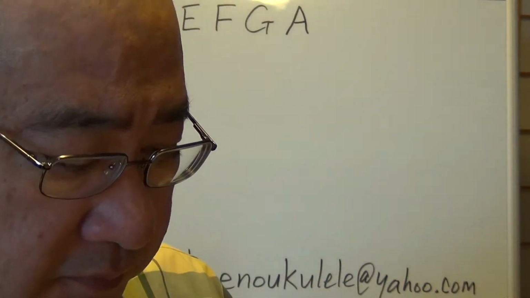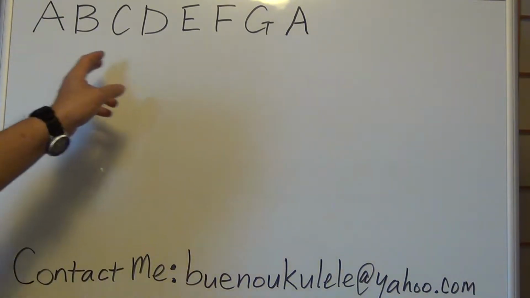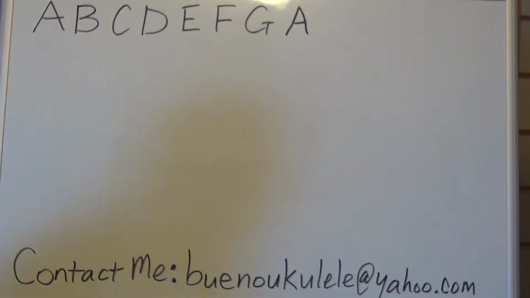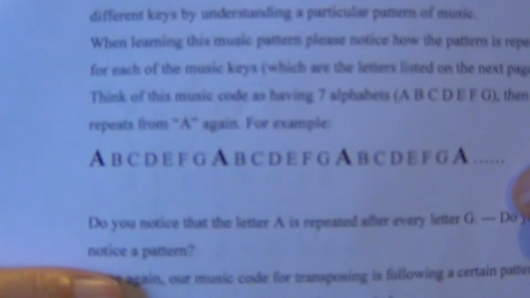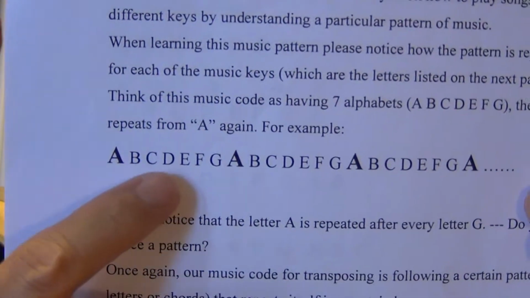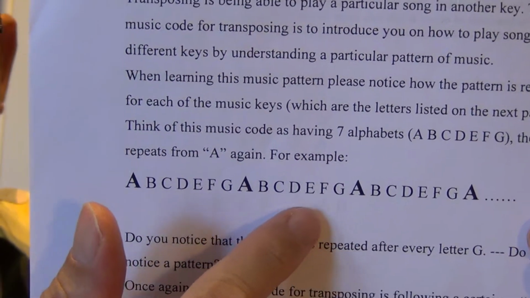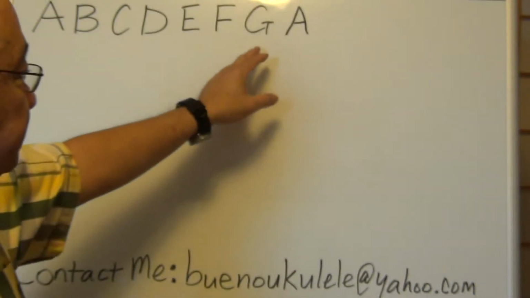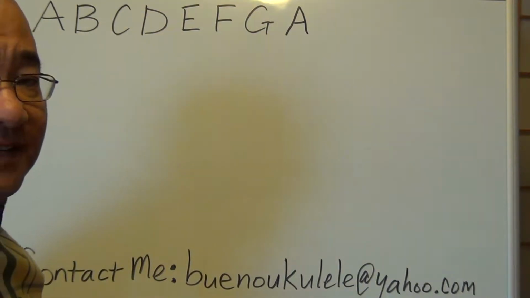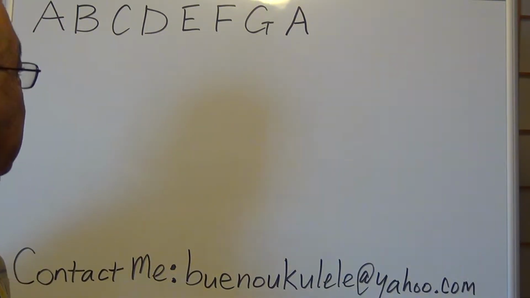So in review of the last tutorial, we talked about how music follows an alphabetical pattern, and on page 1 you see how it follows that alphabetical pattern, and every time it repeats after the G. So we talked about every time we come to a G, you're going to repeat the A, and once again that's just the way it is.